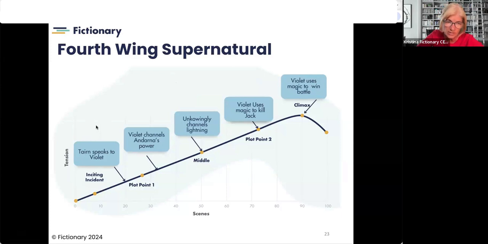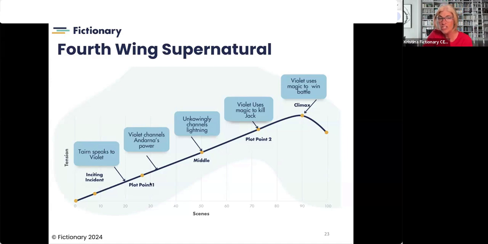So the first time she meets Taryn, it's kind of like they're meet cute, and he speaks to Violet telepathically. And so that's her first real interaction with the magic with a dragon. Even though she's grown up with magic all around her, she knows Rider's Bond, she knows all of this is there, but this is her first time, and this happens just before plot point 1.